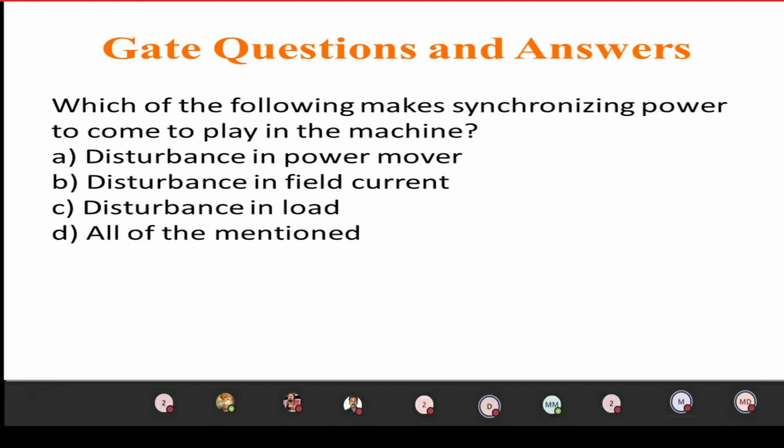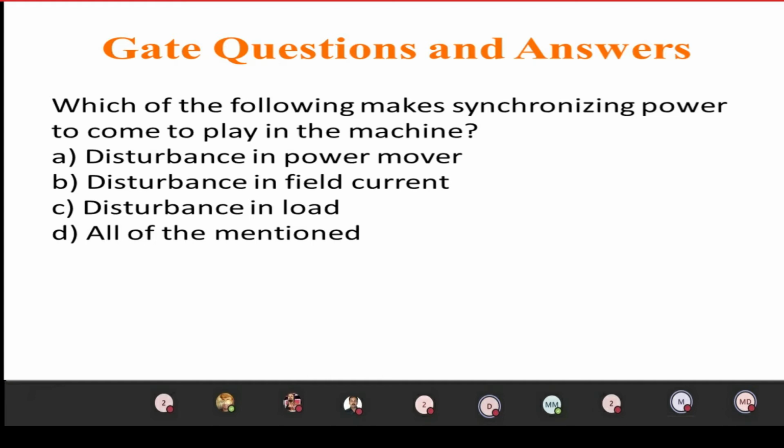Any disturbance in field current does not affect the synchronizing power, because it affects the synchronous reactance. Disturbance in load does not affect it, because after synchronization the machine is along with the grid. Disturbance in prime mover is nothing but a change in mechanical input.